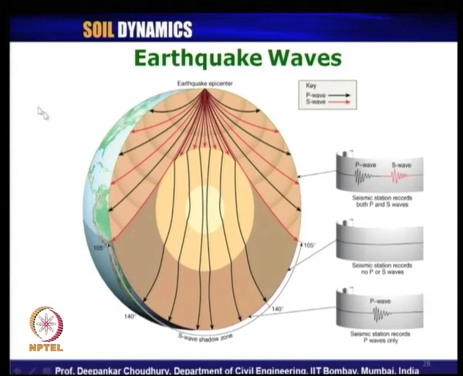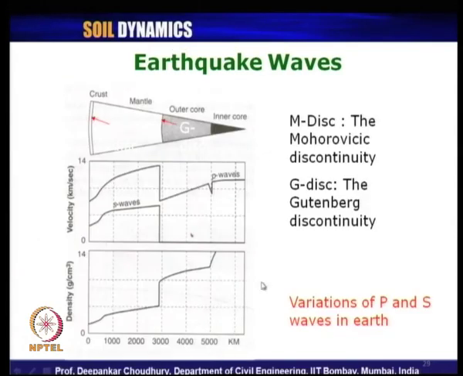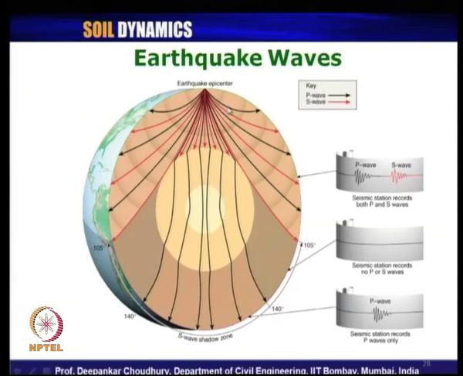What I have explained just now, the combination of P wave and S wave, I am now showing through this slide. P waves are shown in black arrows and S waves in red arrows. Suppose the earthquake epicenter is somewhere here, earthquake energy gets released here, and then waves travel throughout the earth's interior, and other parts of the earth also record these waves.